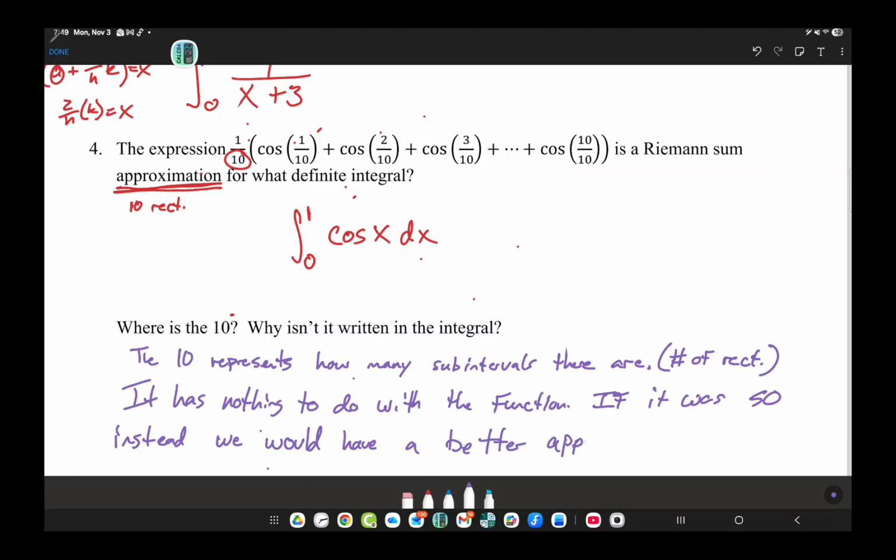Again, that's the whole key here, it is an approximation. So if they're giving you an approximation, if they don't give you the summation notation, then they're telling you that n is a value, and that denominator has nothing to do with your function, just how many subintervals they broke this one into.